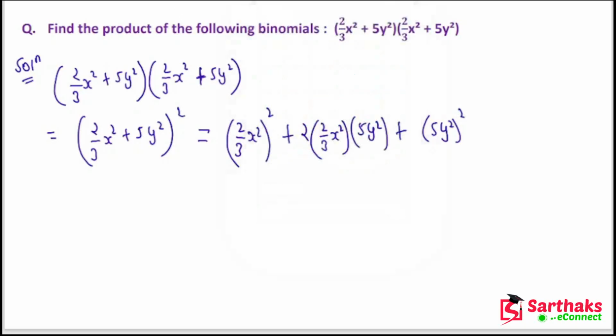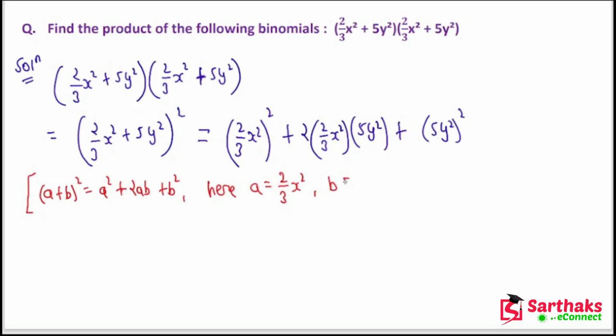Now if you wish to write the identity, it is (a plus b) whole square is equal to a² plus 2ab plus b². Okay, and here a is equal to 2/3 x² and b is equal to 5y².